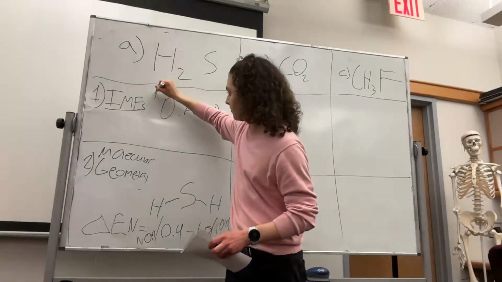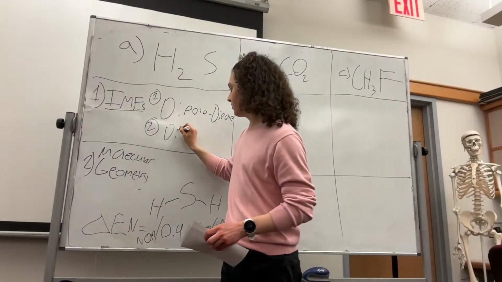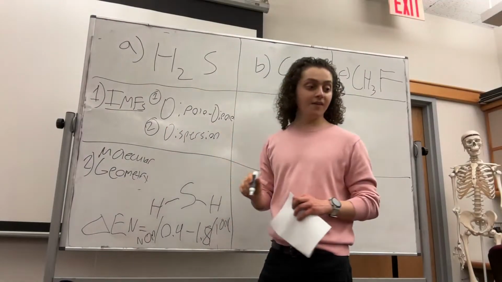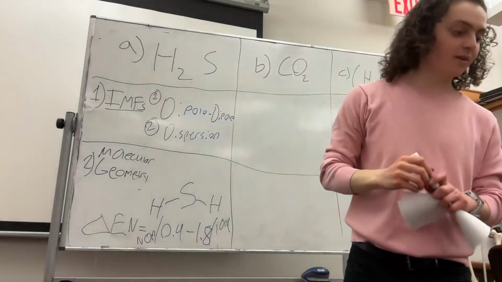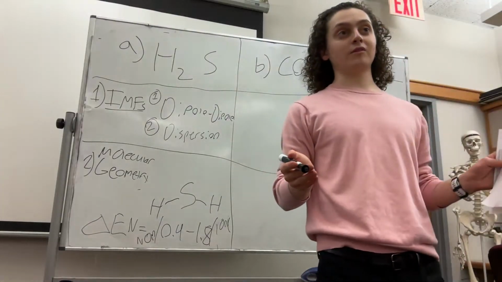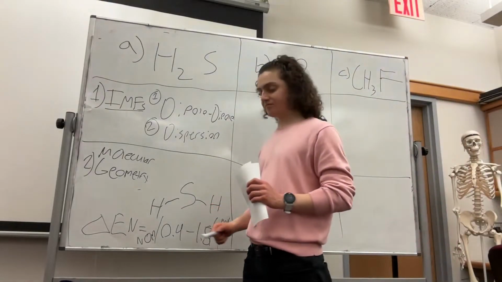That's number one. Number two is dispersion. And that's because you always have a little bit of dispersion going on in every molecule, no matter how polar it seems.